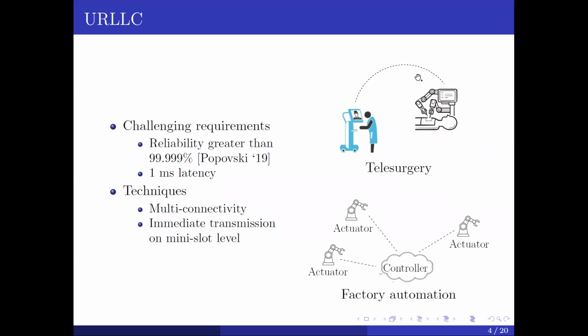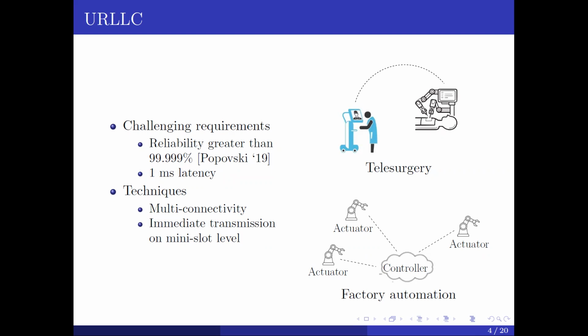Now we can see that these messages should be transmitted with very, very high reliability. And to meet those challenging requirements, we need novel techniques. First one is multi-connectivity for high reliability, and for low latency, the URLLC data is immediately transmitted on mini-slot level.